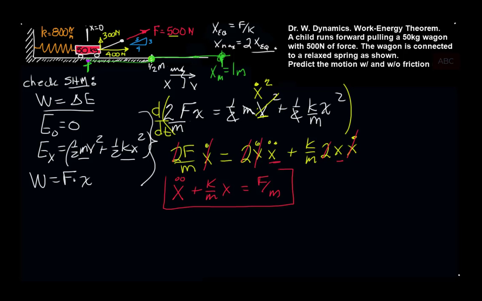And we can recognize this as a second order non-homogeneous differential equation. But what is interesting here is that is our simple harmonic motion sinusoidal solution. And what we have over here is a forcing function, which is a constant that's driving that.